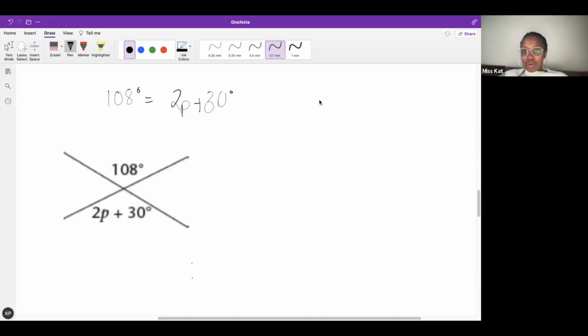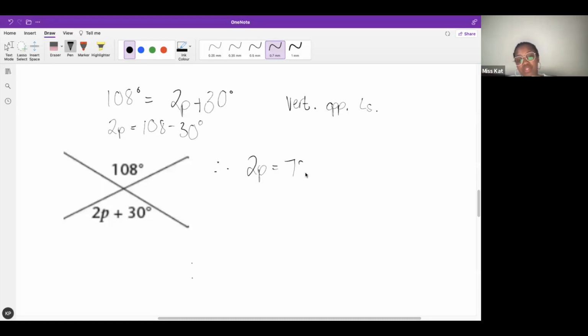And thank you very much, Shanda. My reason is vertically opposite angles. So I'm saying exactly what I said in the previous one. Okay, then after that, you can say, so 2p is equal to 108 minus 30 degrees, which is going to give you what? 78 degrees.